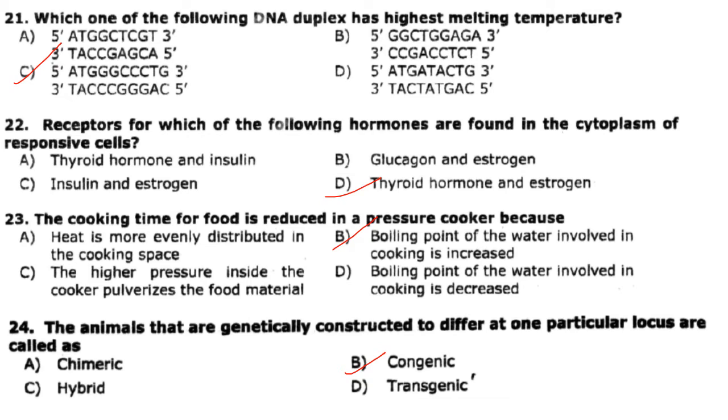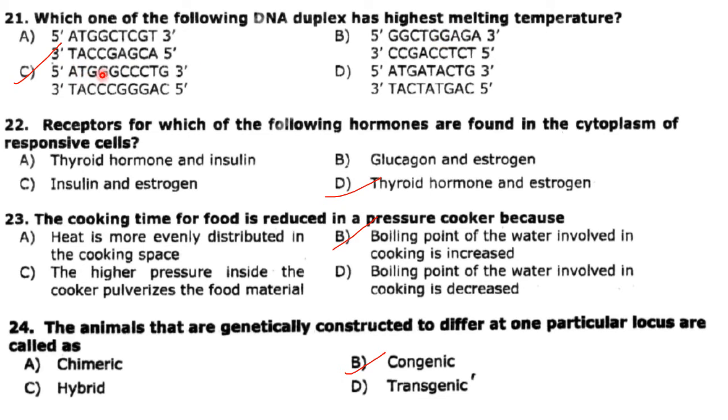The next one. Which one of the following DNA duplex has highest melting temperature? So the one which is having more of the GC content will have the highest melting temperature. So here how many GC are there? 1, 2, 3, 4, 5. Wait a moment. So in the first option it is 1, 2, 3, 4, 5 GC are there. In second one, that is option B, you have 3, 4, 5, 6 here.